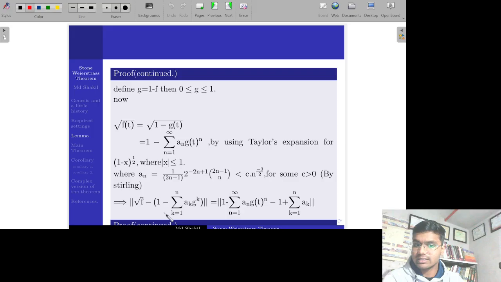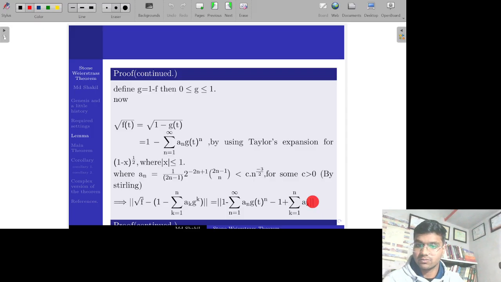And we subtract this quantity from the square root of f. Now we find that the square root of f has the value 1 minus the summation of n g to the power n, n equal to 1 to infinity. Put this value in: the square root of f is 1 minus summation n g to the power n, and minus this quantity 1 minus summation a k g to the power k.